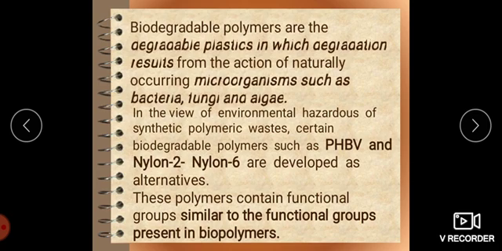In the case of environmentally hazardous synthetic polymer waste, certain biodegradable polymers such as polyhydroxybutyrate-co-beta-hydroxyvalerate and nylon 2-nylon 6 are developed as alternatives to biopolymers, and these polymers contain functional groups similar to those present in biopolymers.